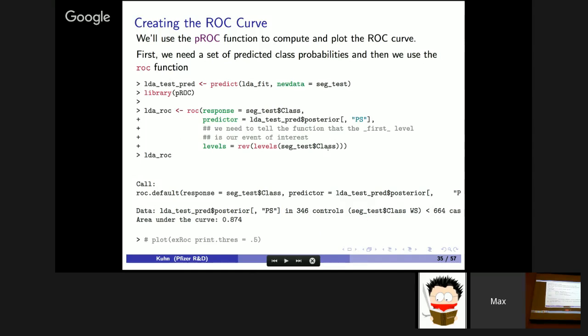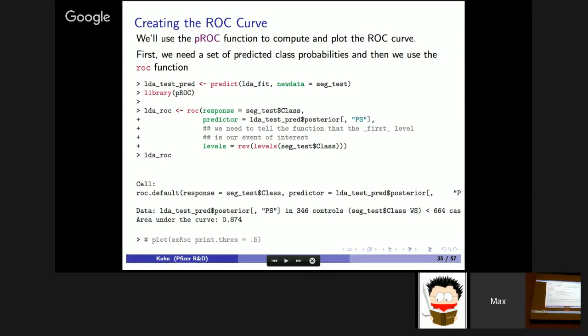So I need to tell it what the levels of my factor are. What it wants to see is the first one to be WS, because the roc function treats the second factor level as being most important. In the way our data is arranged, it's the first. So that's what this little bit of code does here.